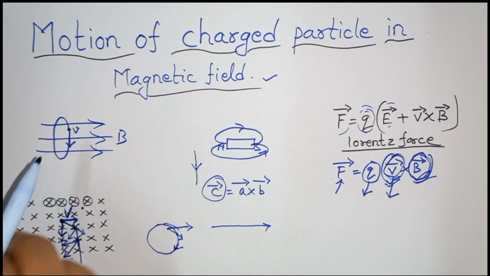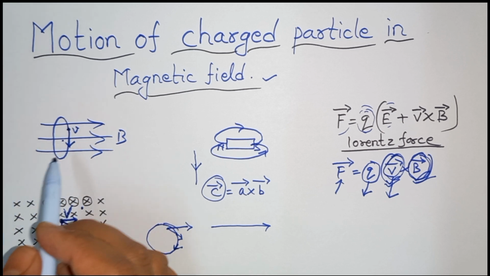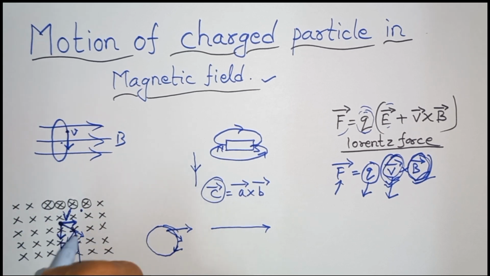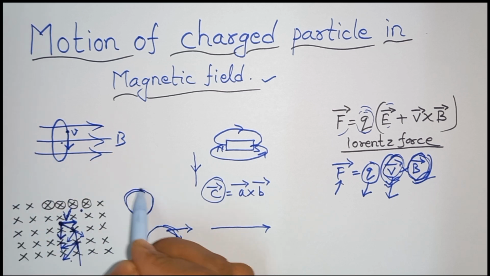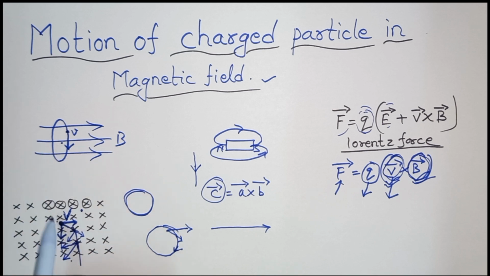I hope it is clear. So if the magnetic field is inside, in this case, it takes the motion in the copy like this. Now I am changing the direction of the magnetic field to the other one.